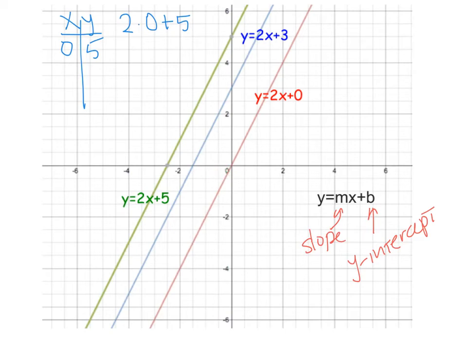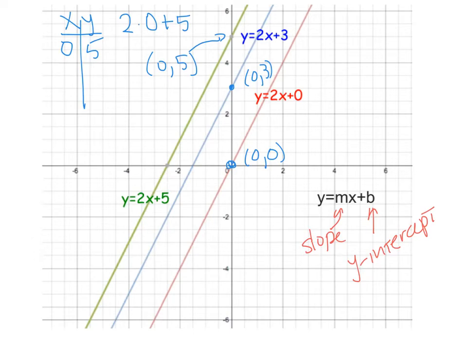So this point is 0, 5, this point is 0, 3, and this point is 0, 0, and those are all the 3 y-intercepts.